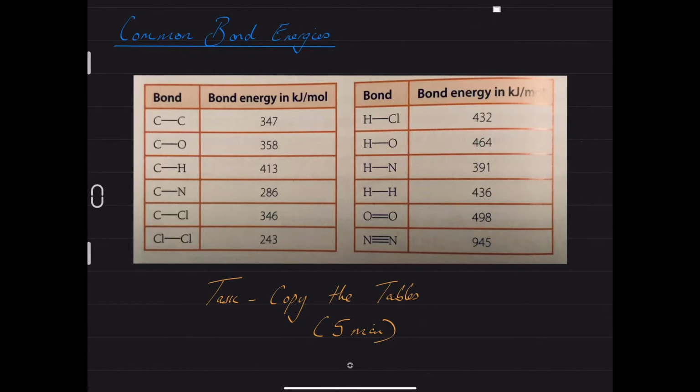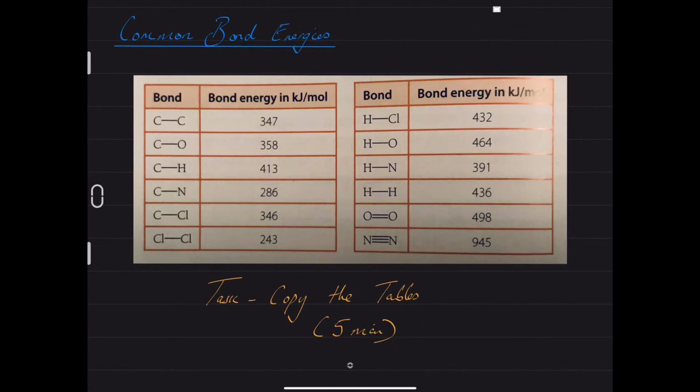If we have a bond between carbon and nitrogen, for example, it is 286 kilojoules per mole to break it. So these are various bond energies. I want you to take down these bond energies because you will need to use these later on for exam questions and other task questions.